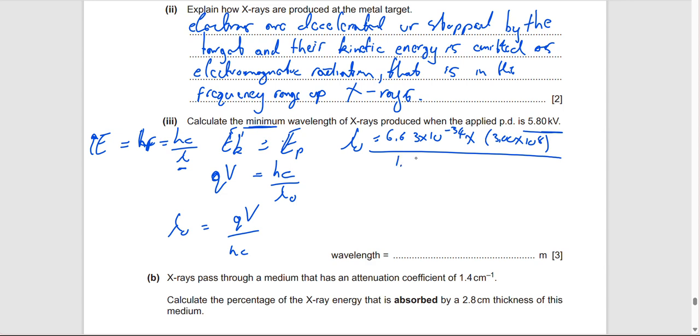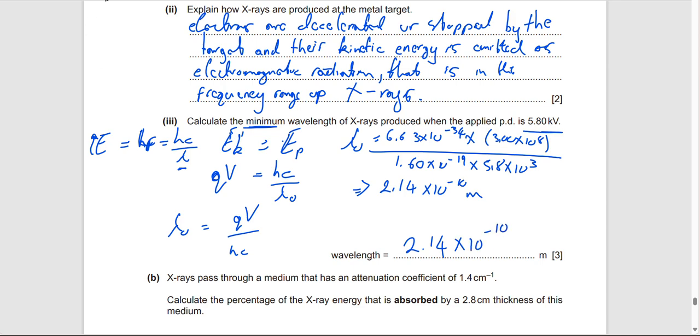Remember, it's an electron, so the charge of an electron is 1.6 by 10 to the negative 19, multiplied by 5.8 by 10 to the 3. When we do that, our answer is 1.4 by 10 to the negative 10 meters. That is the minimum wavelength we can get.